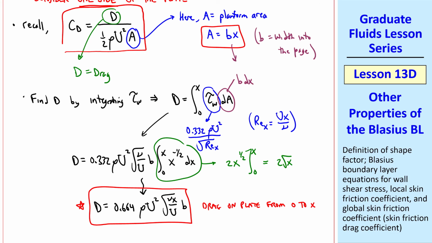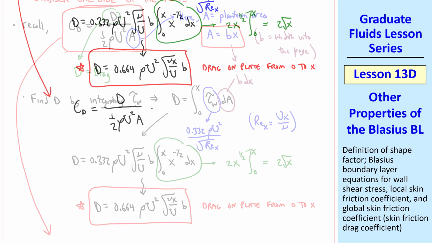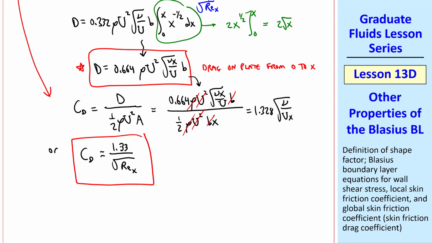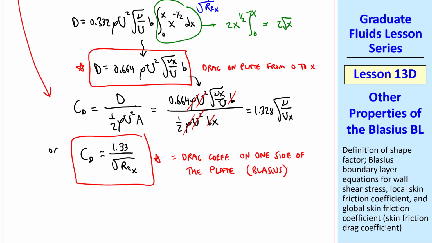Thus our equation for drag coefficient, by plugging in D and A, which is bx, and noticing that many terms cancel, becomes 1.328 square root of nu over ux, or finally CD is approximately 1.33 over the square root of Rex. This is the drag coefficient on one side of the plate, again for the Blasius boundary layer.